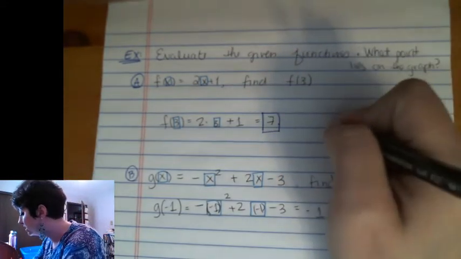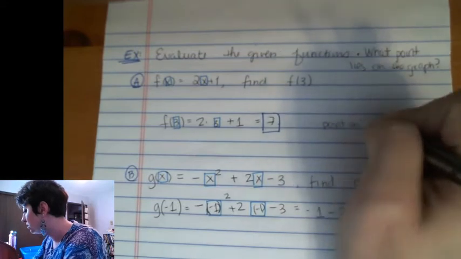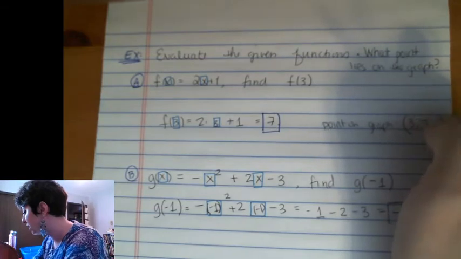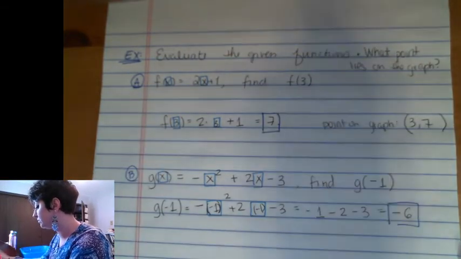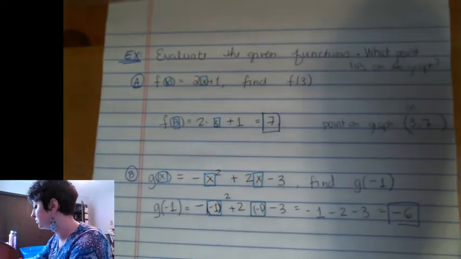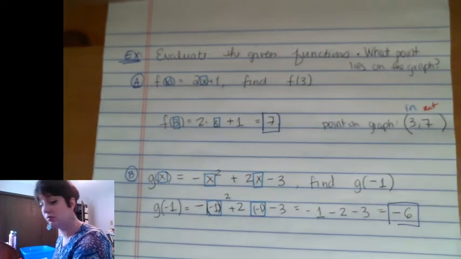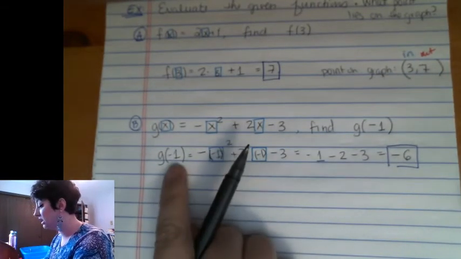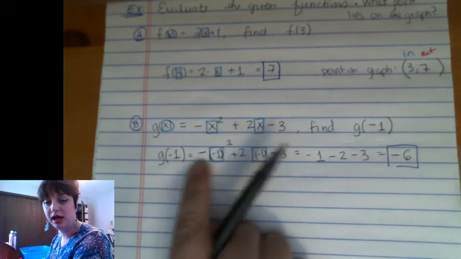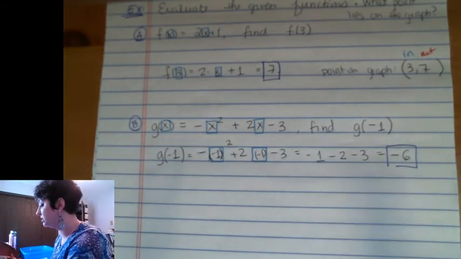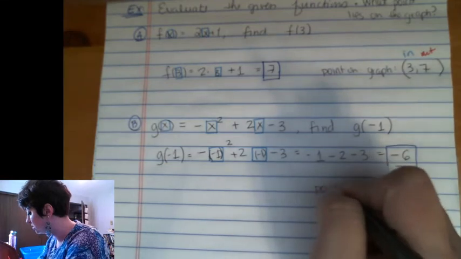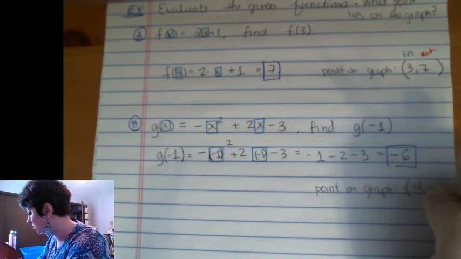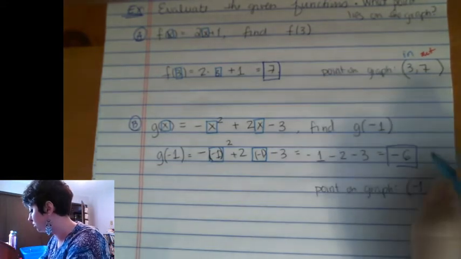So the point on the graph is my in-out, which is 3, 7. On g, this graph, in went negative 1, out came negative 6. So negative 1, negative 6 would be a point on the graph.